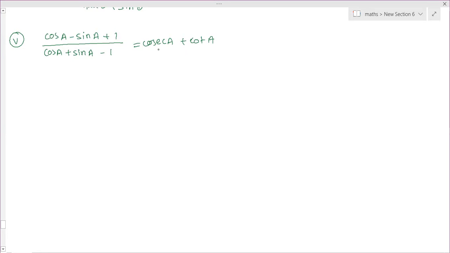There is a single method you have to use everywhere. First, you have to convert sine and cos into cosec and cot by dividing with sin A. Divide both numerator and denominator by sin A.